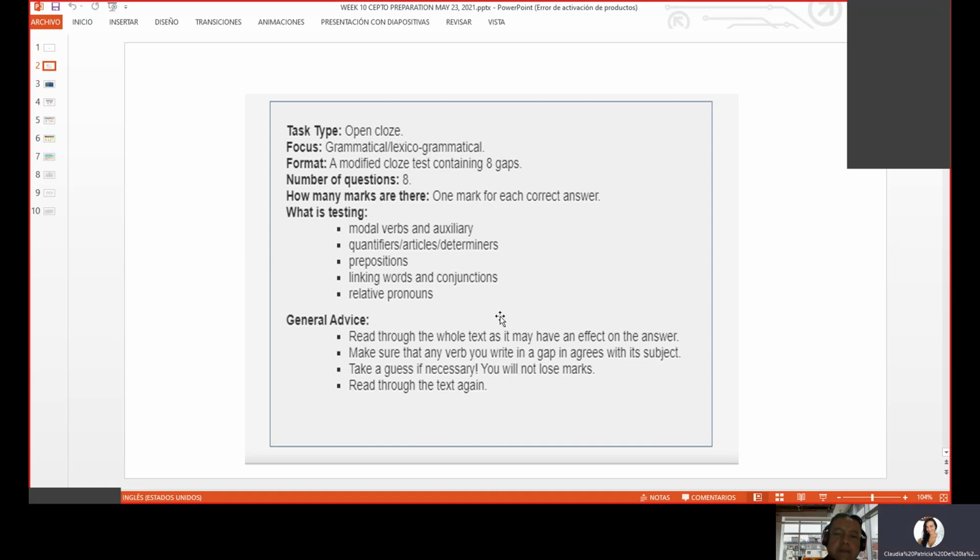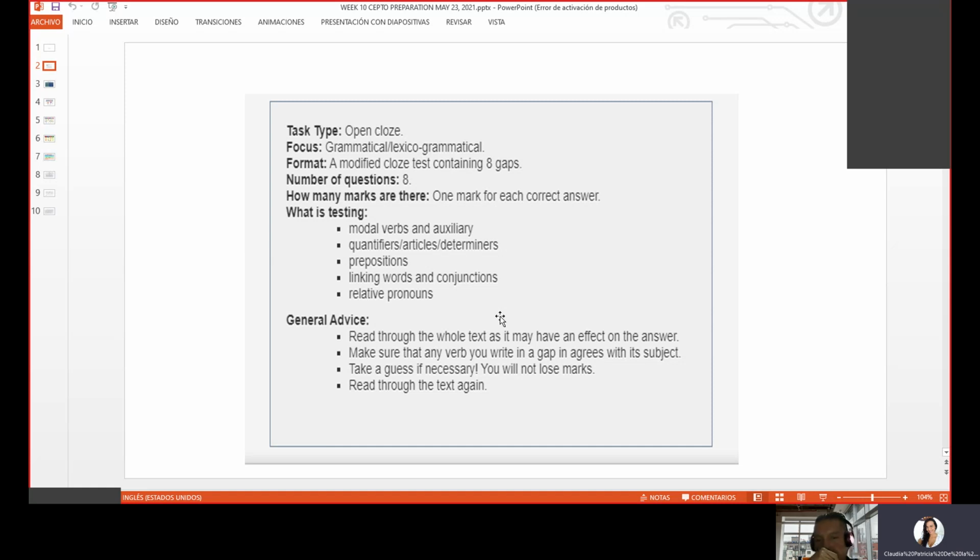For example, if I say I live in New York, or I have been living in New York, and the blank is in "living," I need to put the correct verb with -ing.